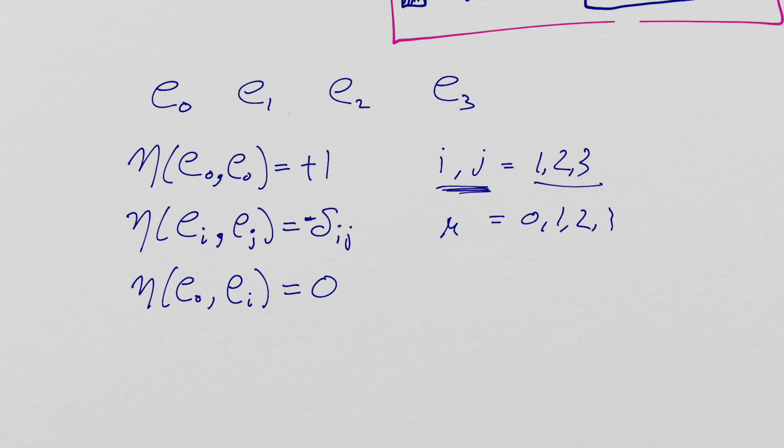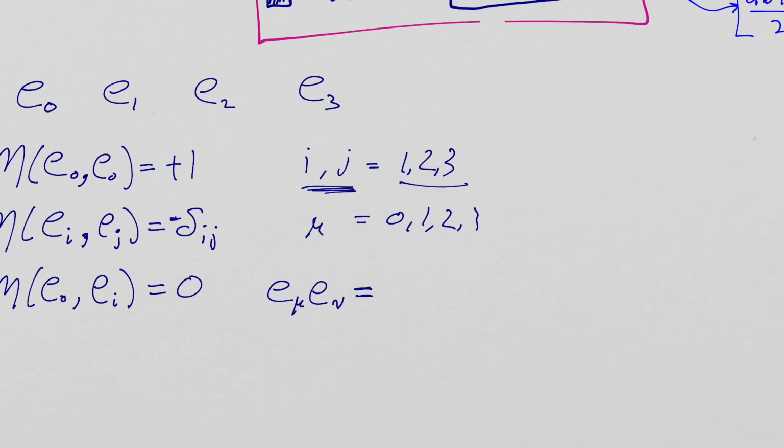So we can immediately write down what is the space-time product of E mu with E nu, right? And the rule is that it has a symmetric and anti-symmetric part, right?